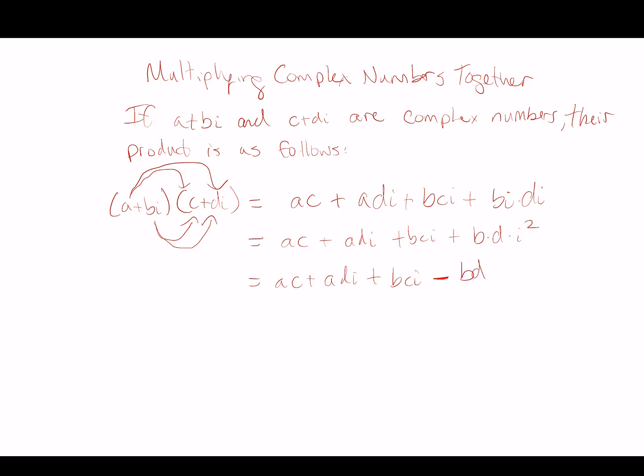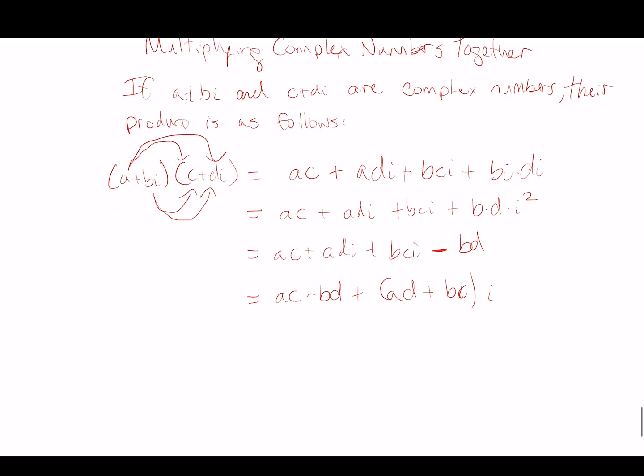And then we can group our real parts and our imaginary parts: ac minus bd, plus the imaginary parts ad plus bc, all times i. And that's how we get the product of two complex numbers.